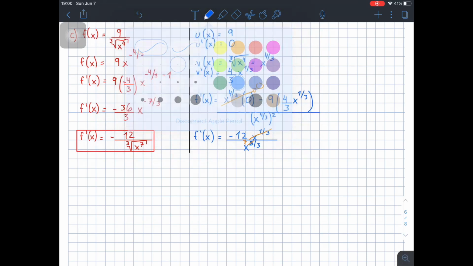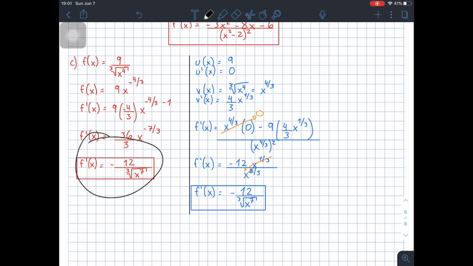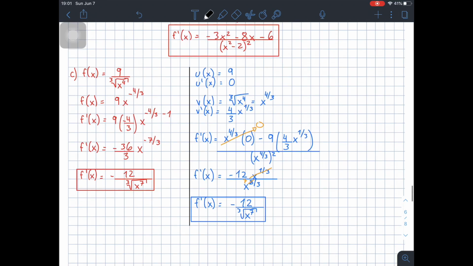So you see that we're actually getting the same result. F prime of x is equal to negative 12 over the cubic root of x to the power of 7. So you see that we get exactly the same result by applying the quotient rule, okay? So that was just to show you that this works, okay? But you see that it's much easier if you could work directly with the power rule, right?